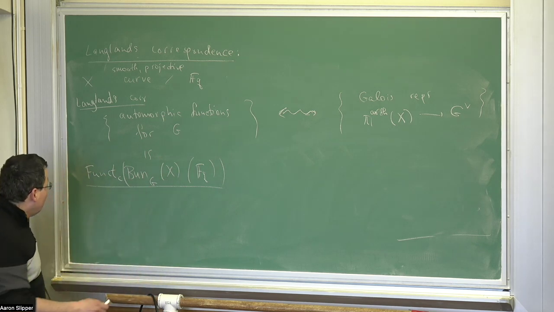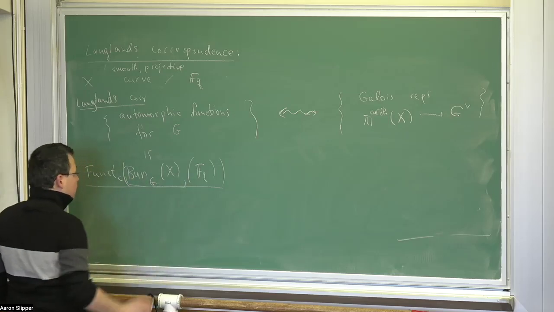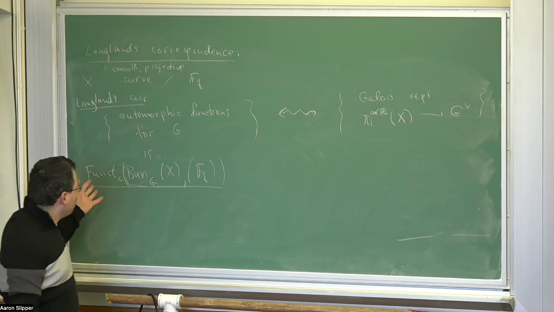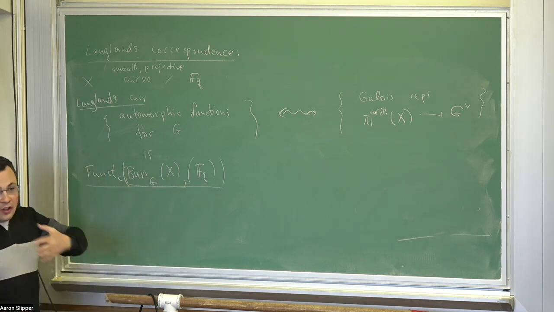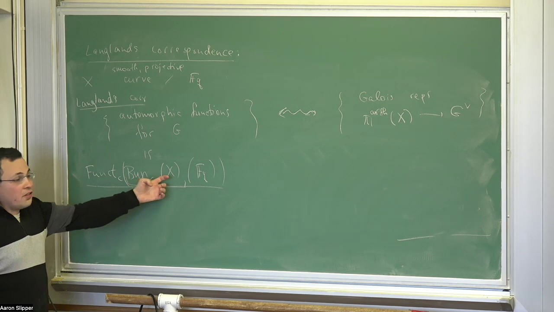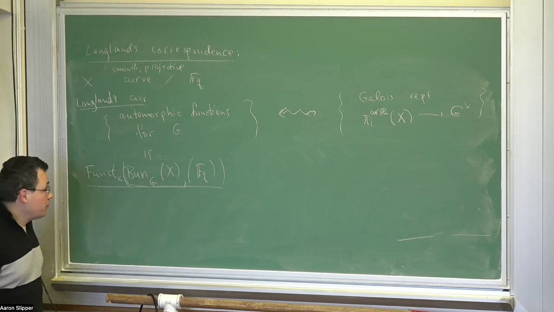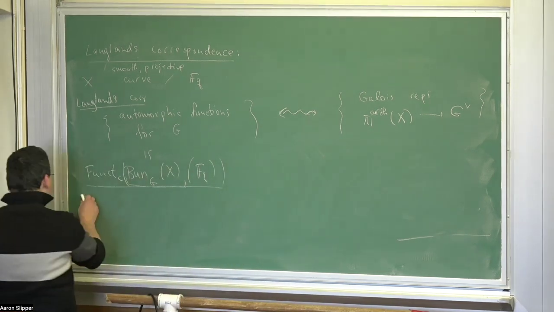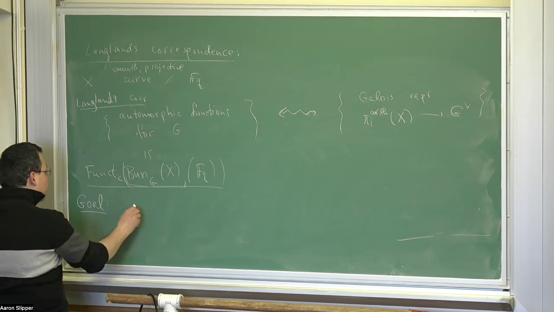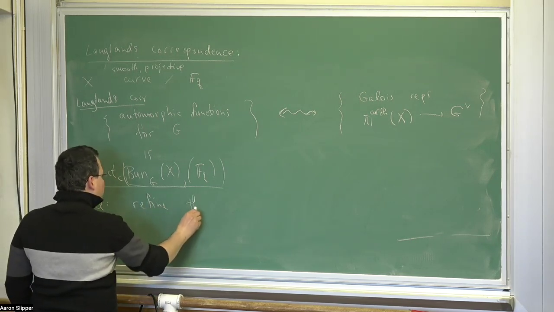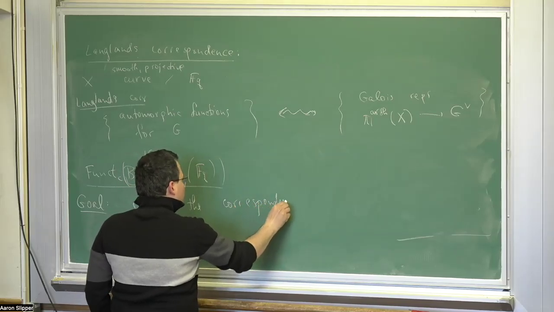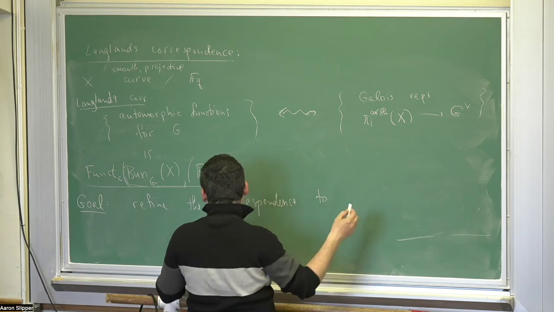Anyway, I don't want to say anything about that other than to point out two things. One is that there is this moduli stack that's relevant for the left-hand side. And two is that if you take seriously this idea of the function sheaf correspondence, the sheaves naturally live on this thing over the algebraic closure. So one goal that you can set is to refine the correspondence to a statement in algebraic geometry.